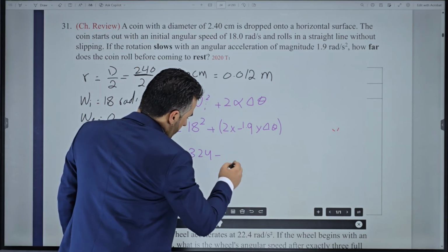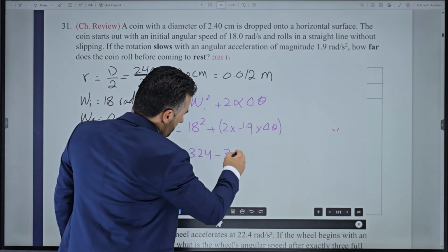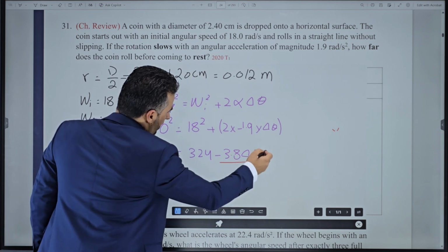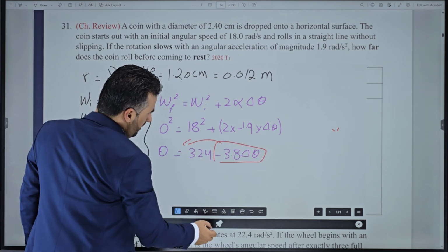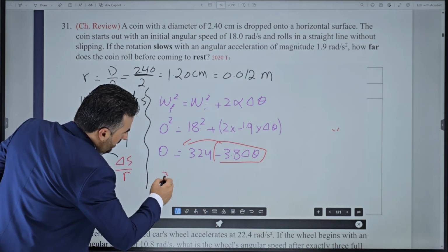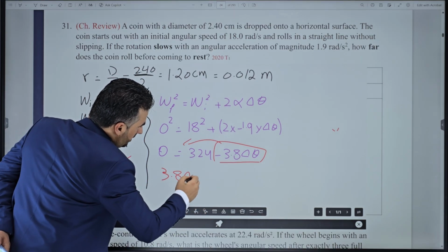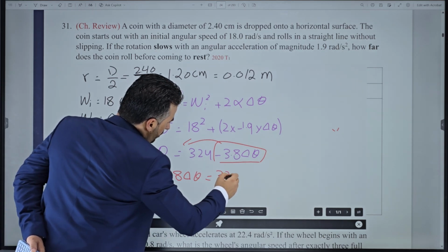So minus 3.8 delta theta. Now this part is negative. Can we move this one to the other side? Yes, that'll be positive. So we'll say 3.8 delta theta is equal to 324.